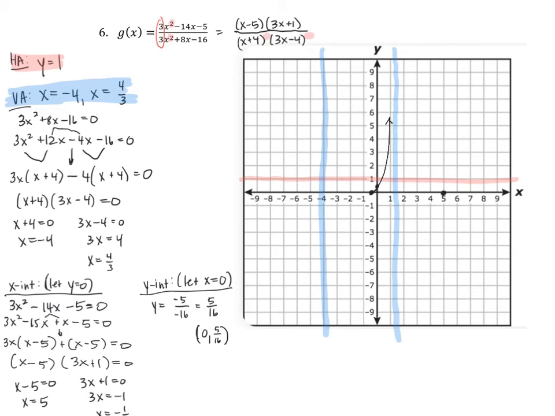Okay, because it only makes sense if those two have to be connected because they're within that blue piece. So the vertical asymptotes are splitting the graph up into pieces. Everything between the two blue lines has to be a nice connected line, a continuous curve. So these two dots have to be connected.